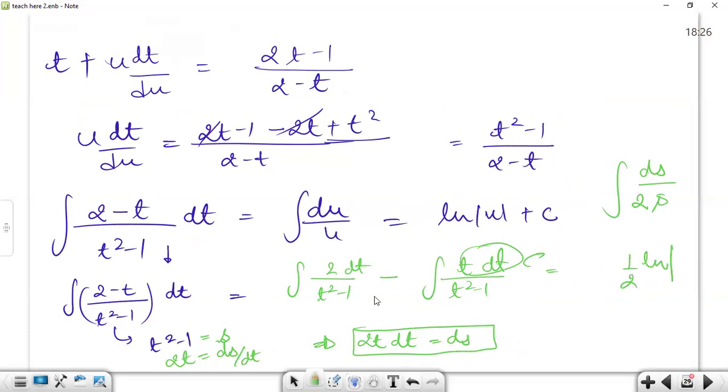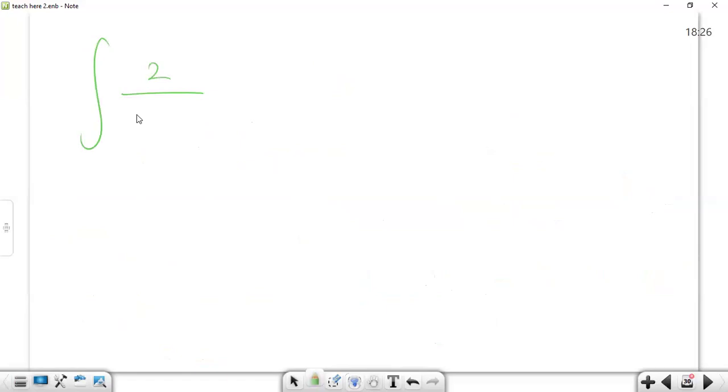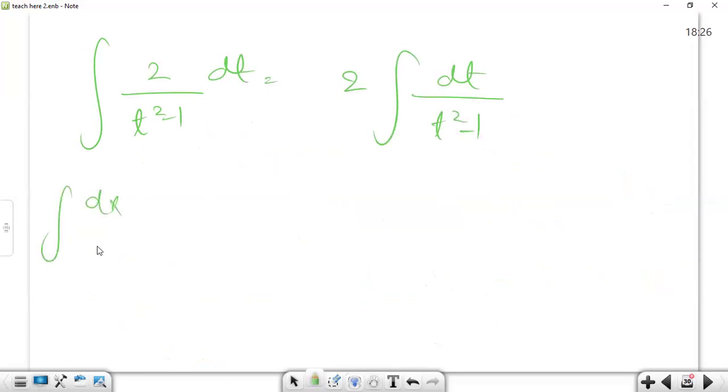S is t square minus 1, right? Plus the integration of 2 over t square minus 1 into dt, where 2 is a constant written outside. This was the formula of dx upon x square minus a square, where a is 1. Its formula was 1 by 2a logarithm of x minus a upon x plus a.